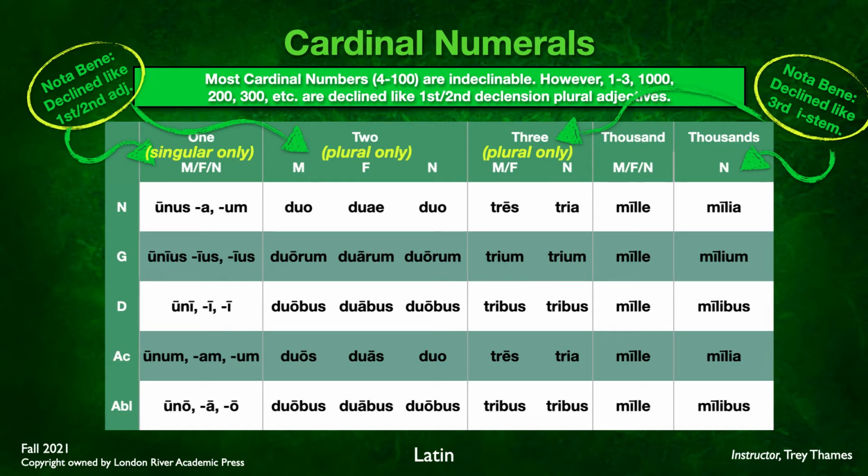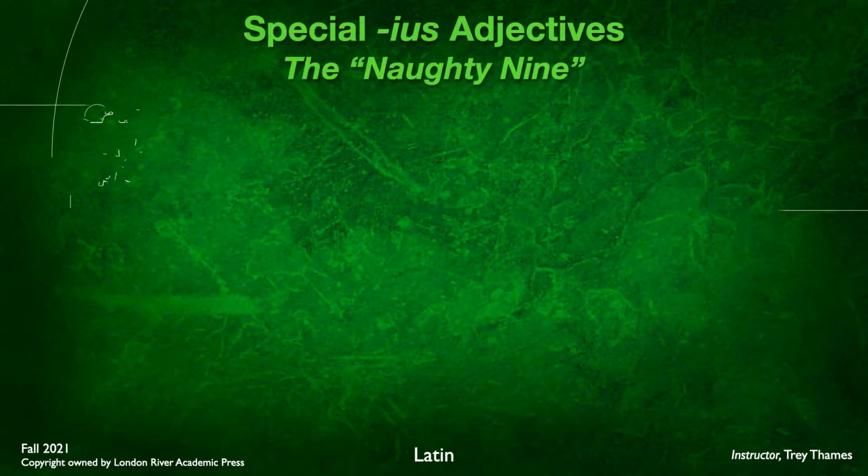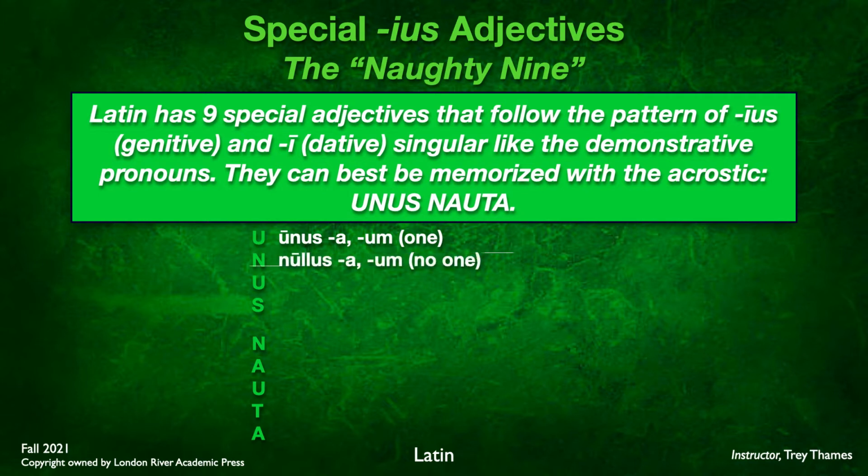Now, if you remember from chapter 9, I believe, we had a list of what we called special ius adjectives. We called them the naughty 9. The Latin language has 9 special adjectives that follow the pattern of the -ius in the genitive and the -i in dative, singular, just like the pattern that we had for demonstrative pronouns like ille, illa, illud, and iste, ista, istud.